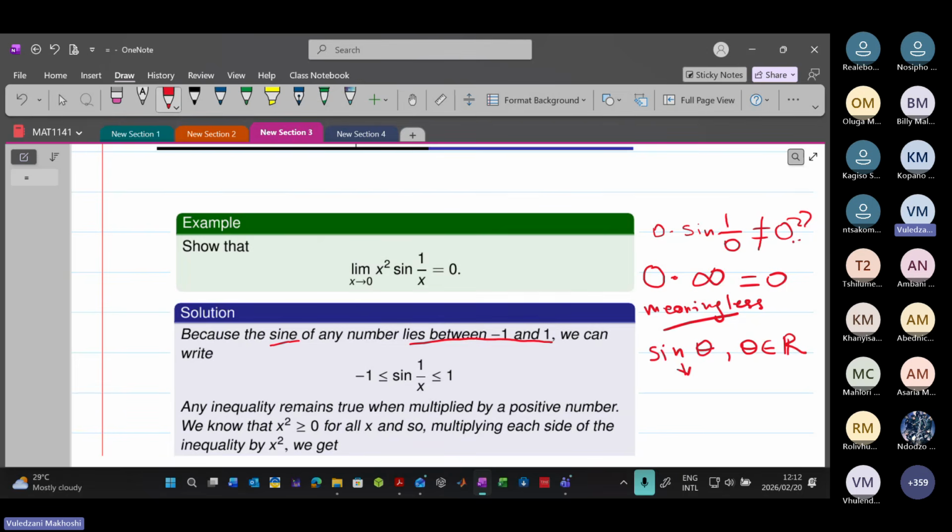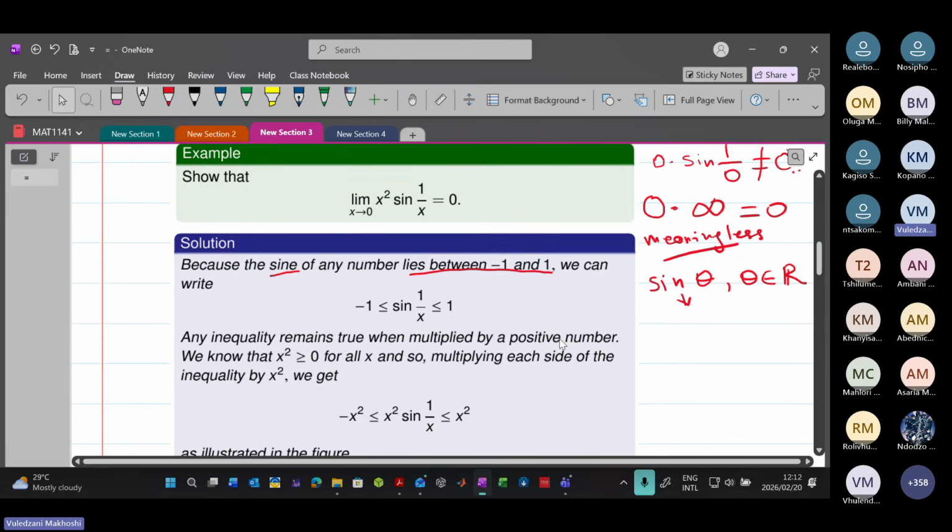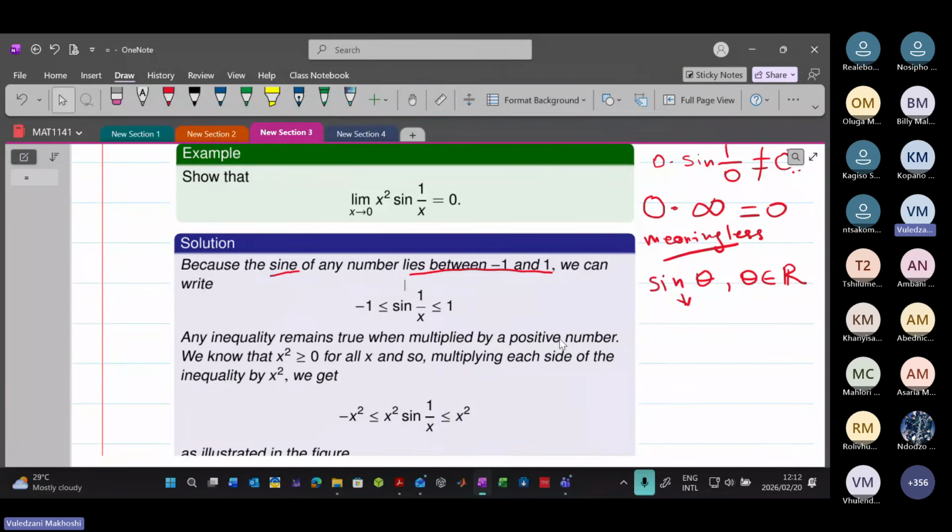Okay, so then the other thing that we've already discussed in our preliminaries, we noted that if you have an inequality and you multiply by a positive number, then that inequality will not change.